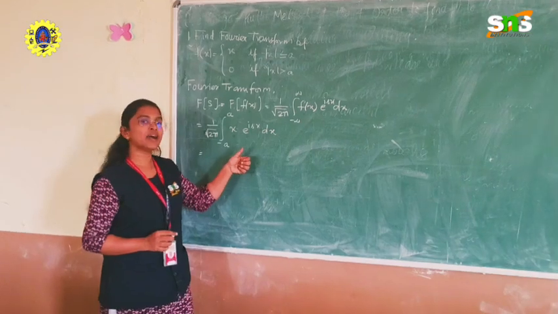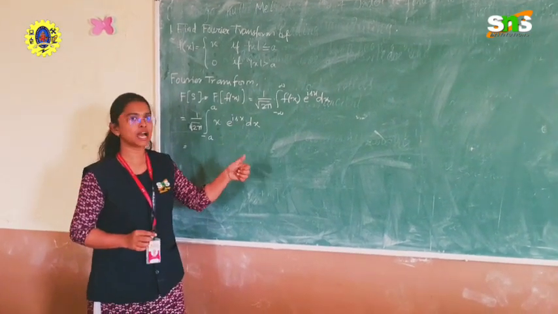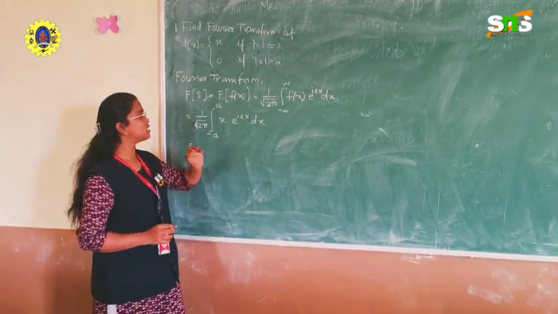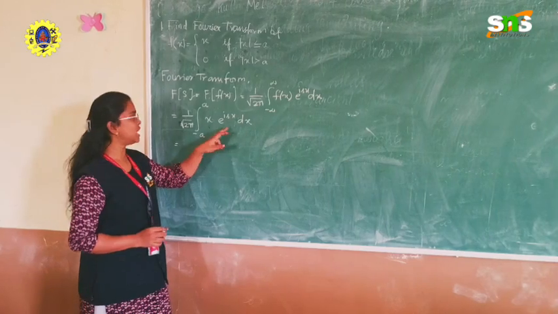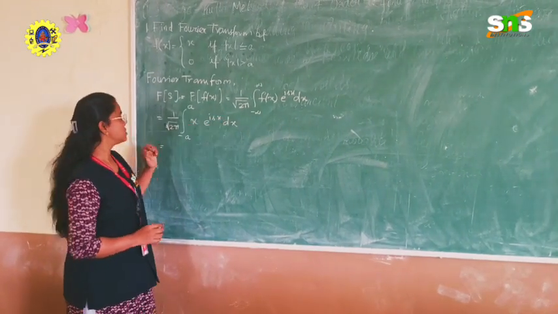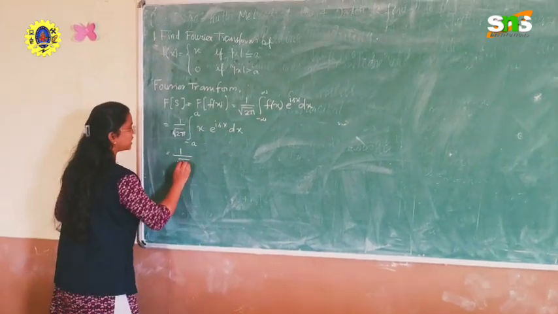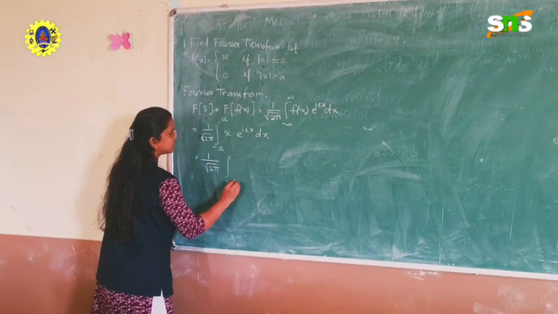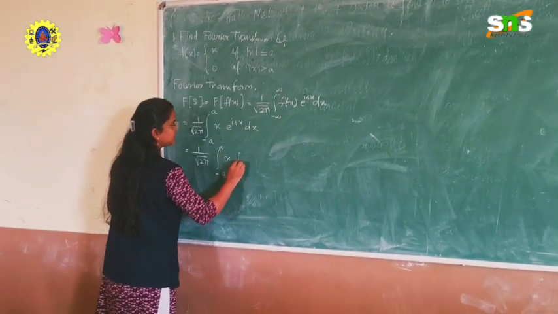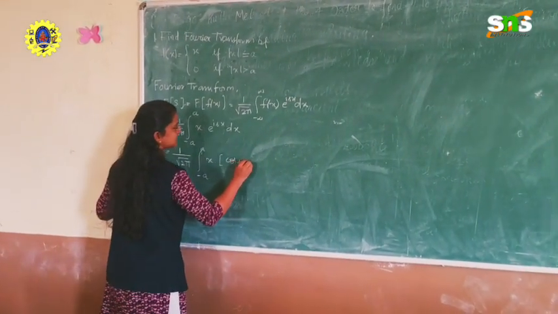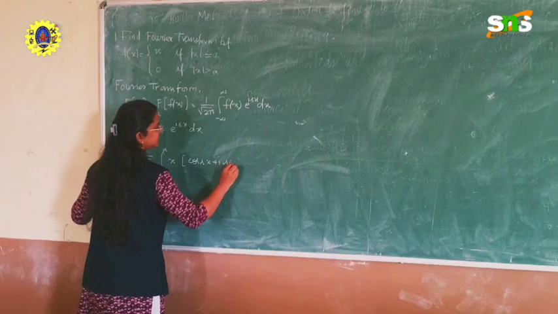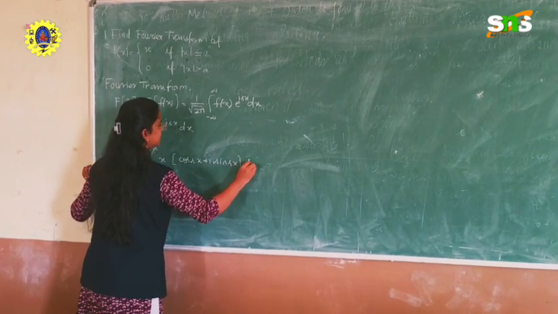We know that e power i theta is equal to cos theta plus i sin theta. So with that, instead of theta, we just substitute sx. So we'll get 1 divided by root 2 pi, integral from minus a to a of x times (cos sx plus i sin sx) dx.